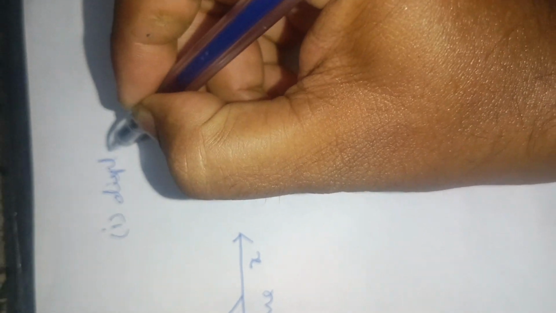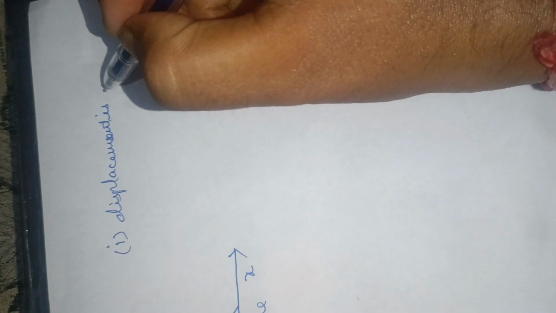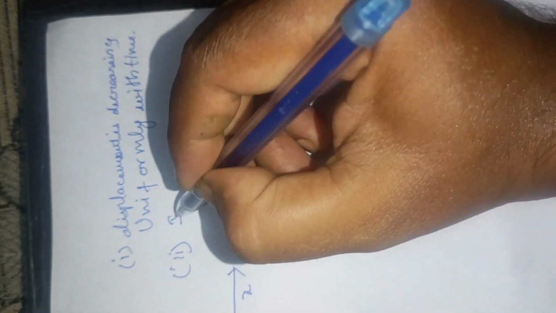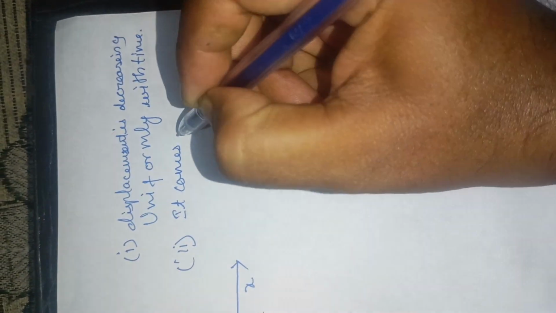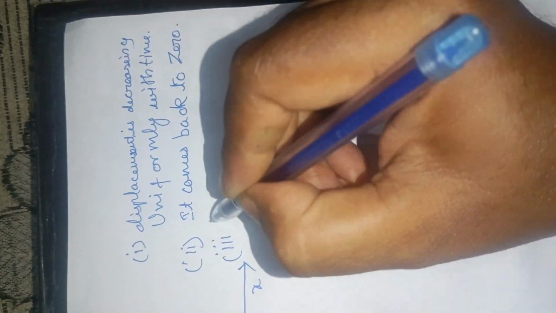Point number 1, displacement is decreasing uniformly. If it is decreasing uniformly with time, then obviously we can say that it comes back to the original position. Point number 2, it comes back to 0. In the course of time, it will come back to 0. Next, point number 3, what can we expect?